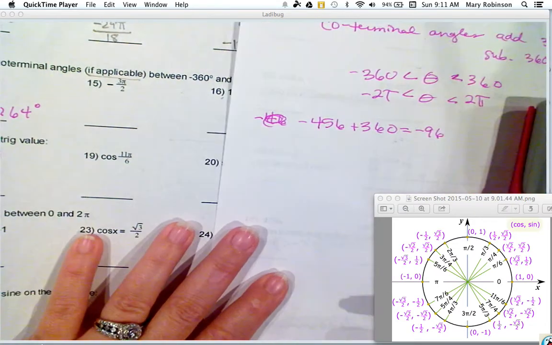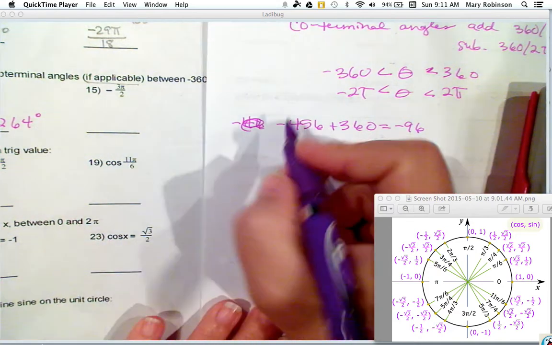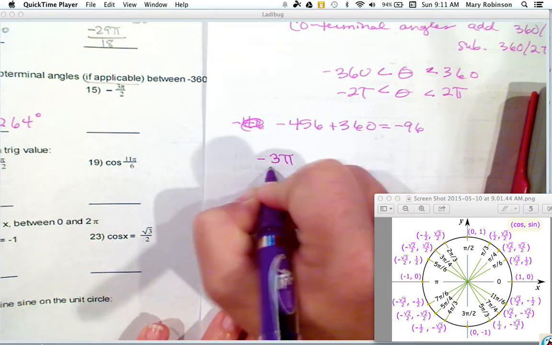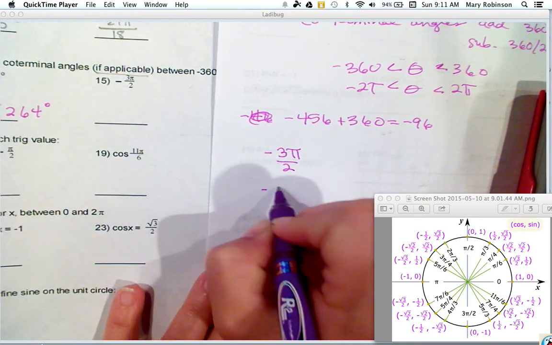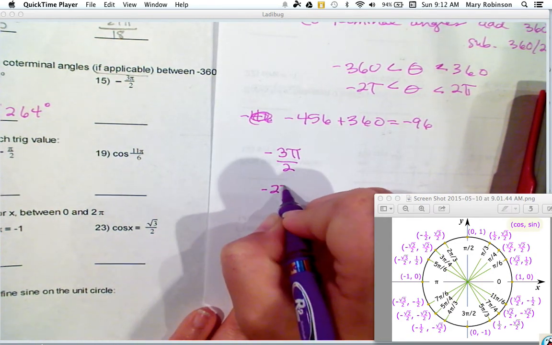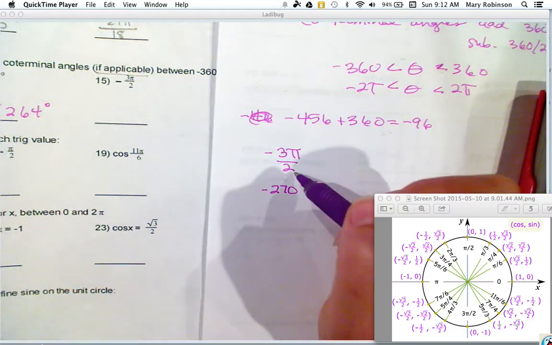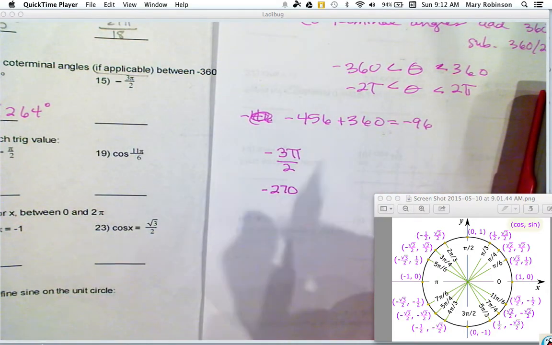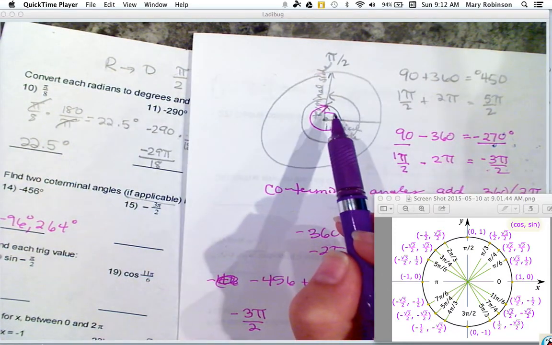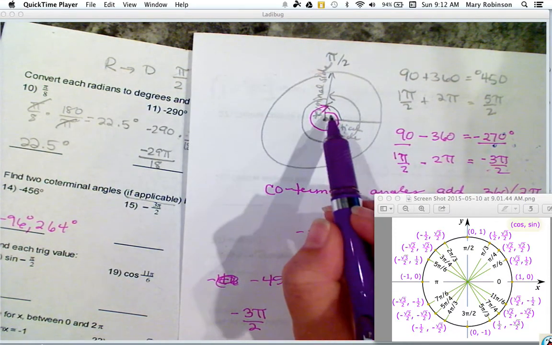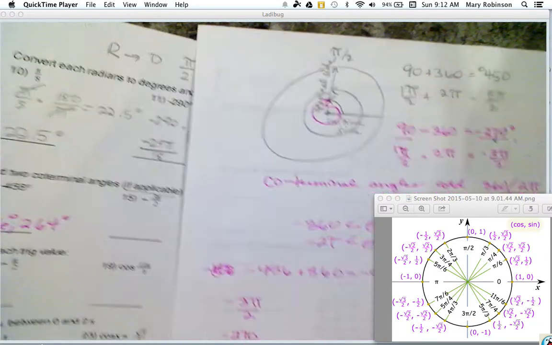Next, I've got negative 3 pi over 2. Now, if you like, you can convert this to degrees. That is negative 270 degrees. Negative 3 pi over 2 would be sweeping in the negative direction.